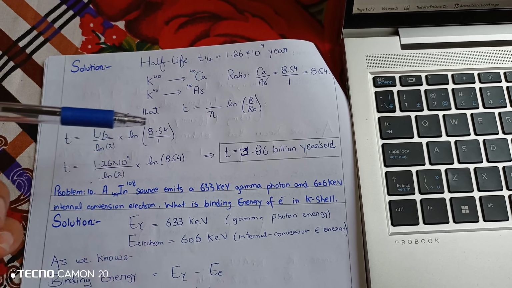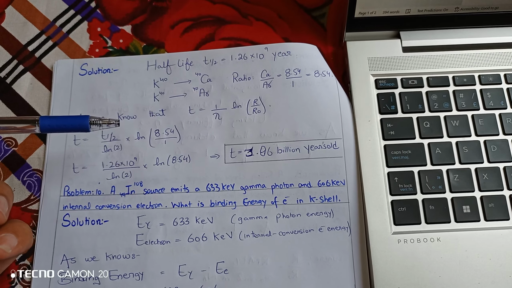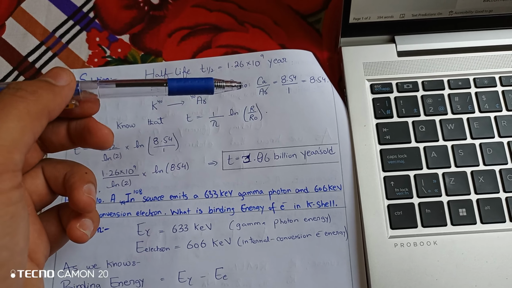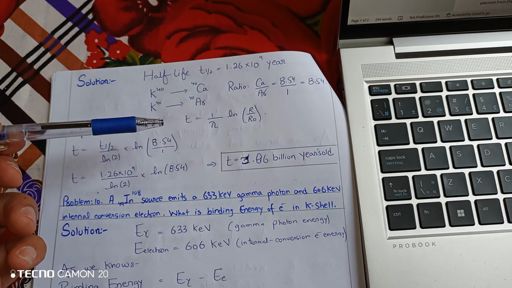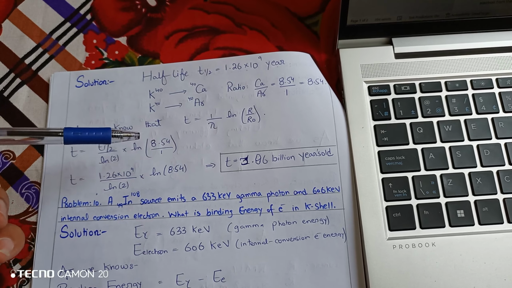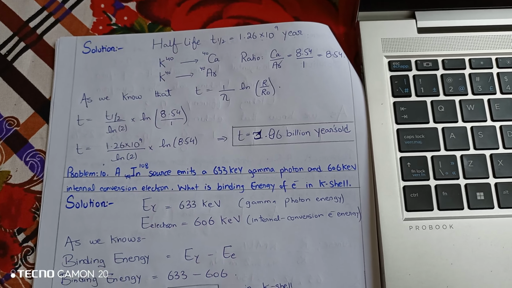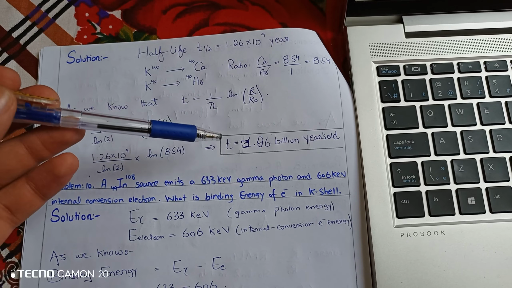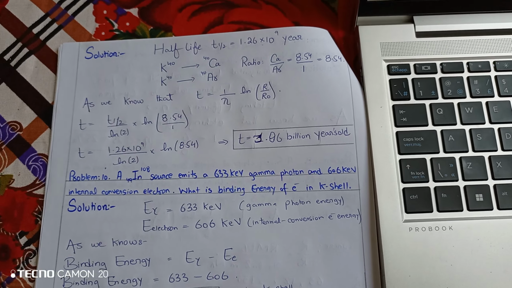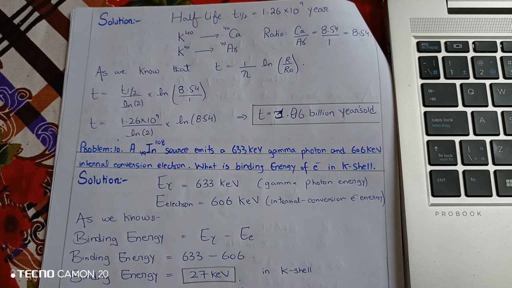Lambda equals ln of 2 divided by t 1 by 2, so t 1 by 2 comes upside, divided by ln of 2, multiplied by ln of the ratio 8.54 divided by 1. Putting the half-life 1.26 times 10 to the 9, you will get 3.86 billion years old. Understood? So this is how old your sample is.